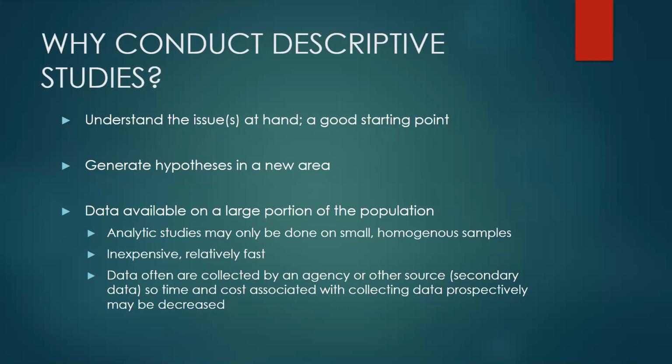So all the surveillance systems that we talked about earlier in the semester, the wide variety of data sources, including things like the census and medical records, already exist. And so it can be a little bit more straightforward, less costly, less time intensive to use existing data, but often it means that we will have a cross-sectional sample and won't be able to follow people over time.